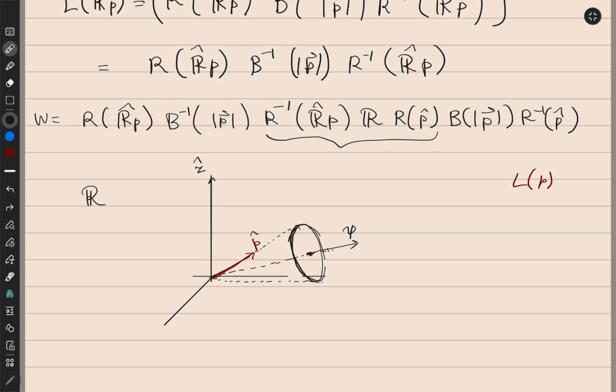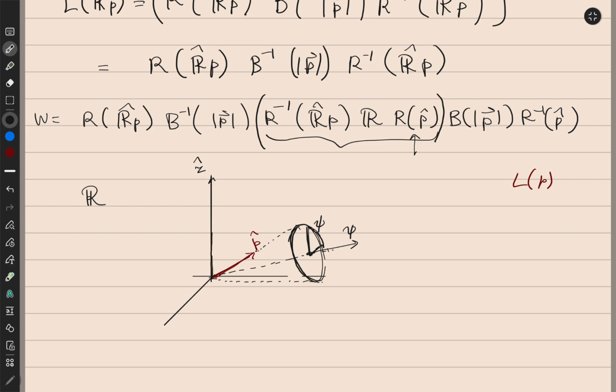Okay, so I have this cone. There is some rotation happening in this cone, in this plane. When I do R, some rotation psi happens here. So what is this combination? First you do R of P cap, which by definition is a rotation that brings Z cap to P cap.